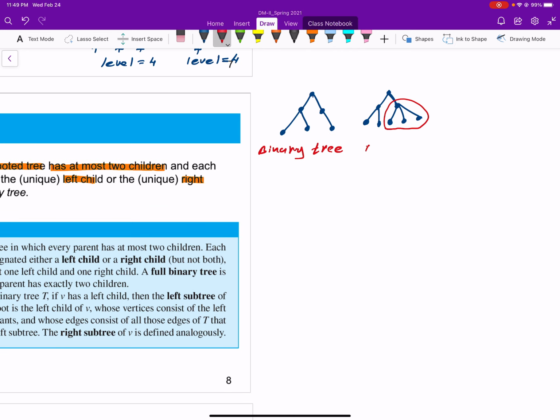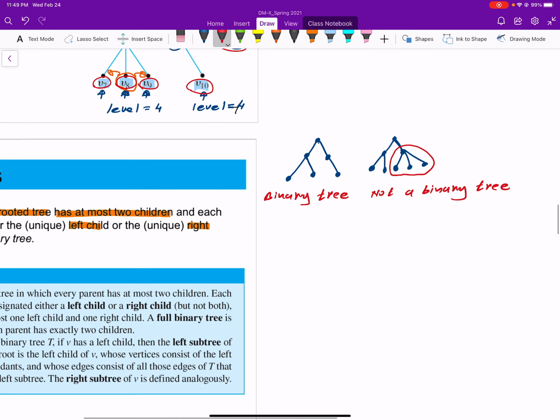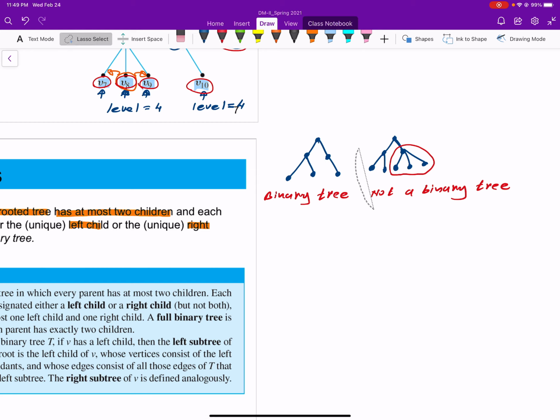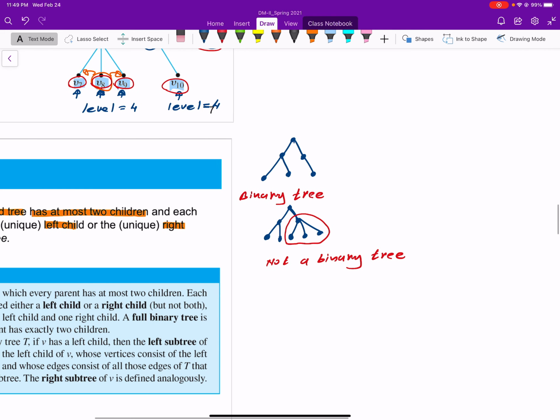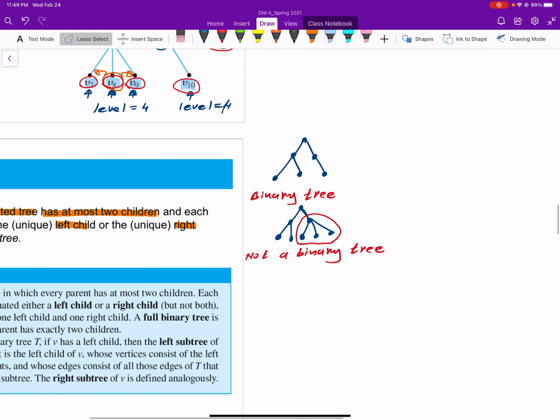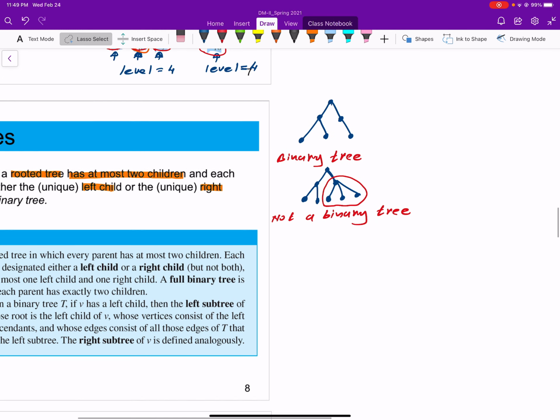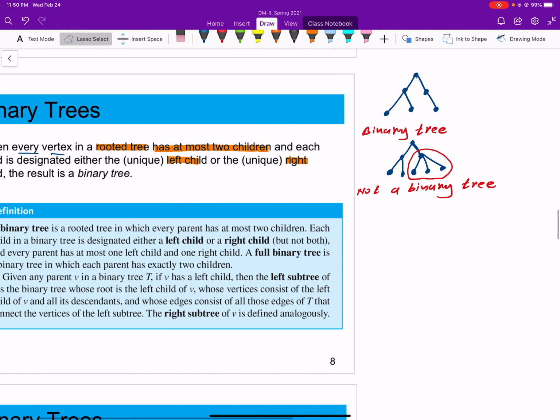Not a binary tree. All right, now you understand what binary trees are.